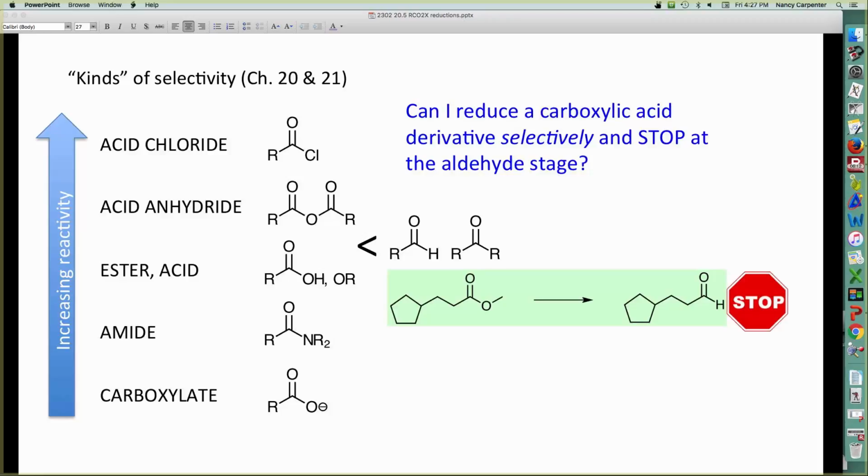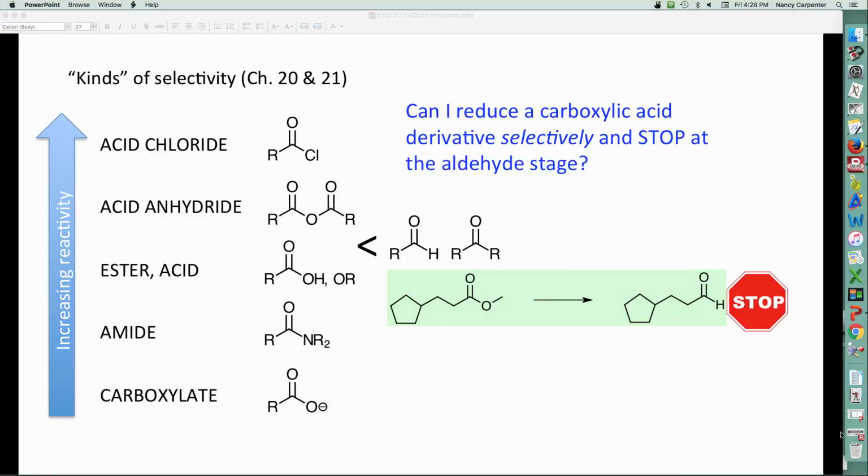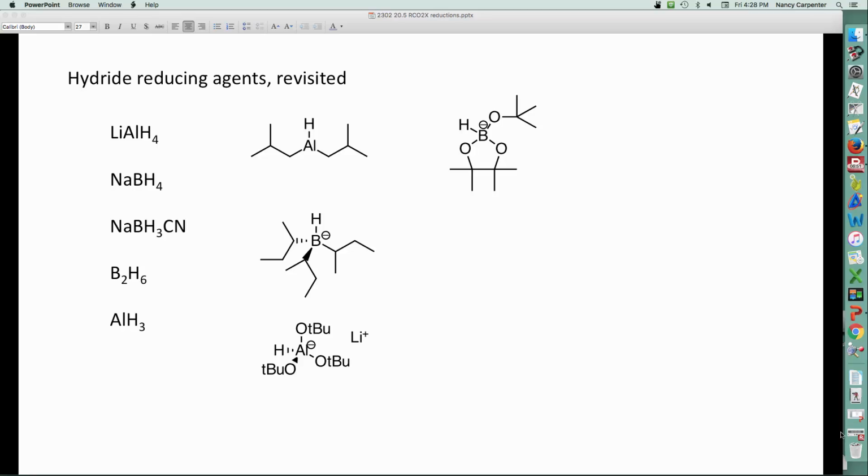Can I take my carboxylic acid derivative, reduce it down to the aldehyde, and not have this happen? And the answer is yes, you can. And the answer is based on this screen.